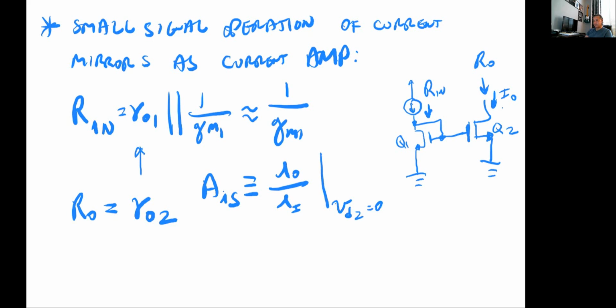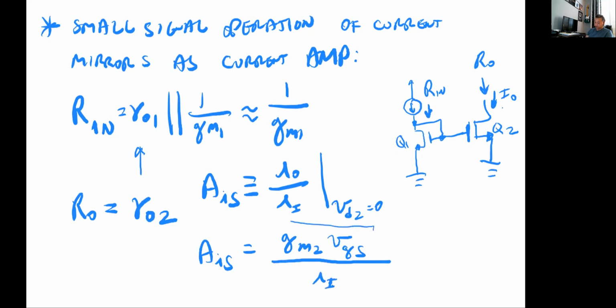If you look at that, again, you have to refer to the small signal model in figure 8.12. That is going to be the gm of transistor 2 times vgs divided by the input current, because this is the output current, right?